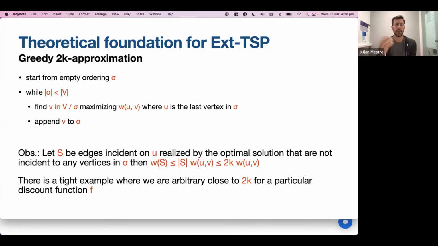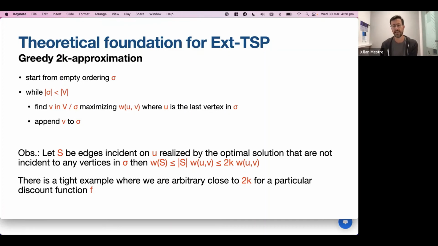And basically we can show that we can charge those edges to this one edge that we are picking, and the charging that you pick is at most 2K. So you get one edge and you potentially give up 2K edges.